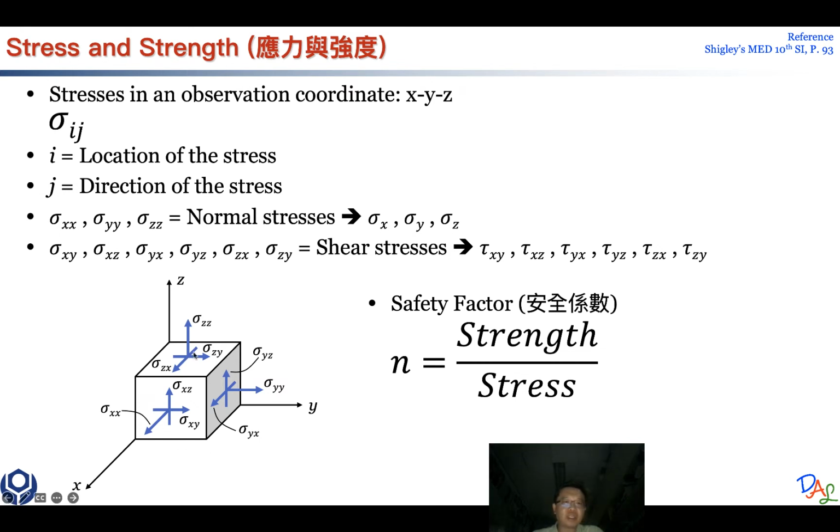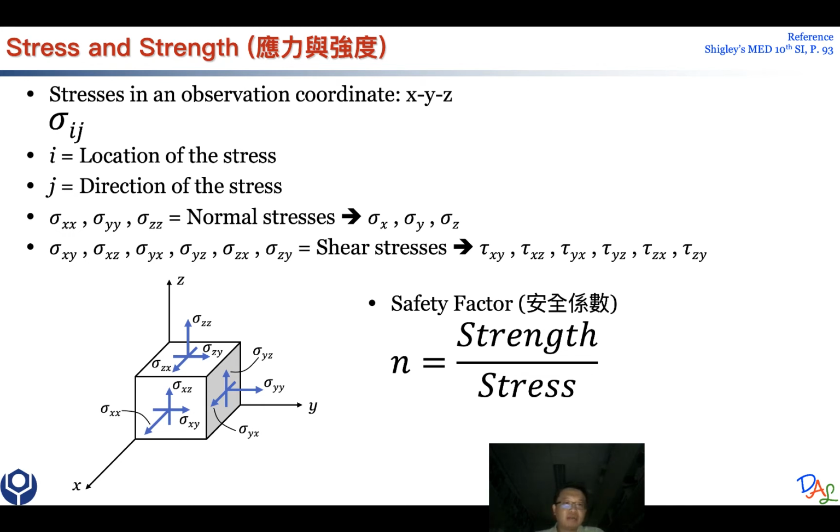So suppose this is a small portion of the material of the component that you are analyzing, and you are observing this object on top of this coordinate. Then from here you can tell we specify specific symbols for the stresses applied on different planes and also different directions. If one day we change the orientation, like making an angular change of the coordinate, then we are basically observing this material in a different way.